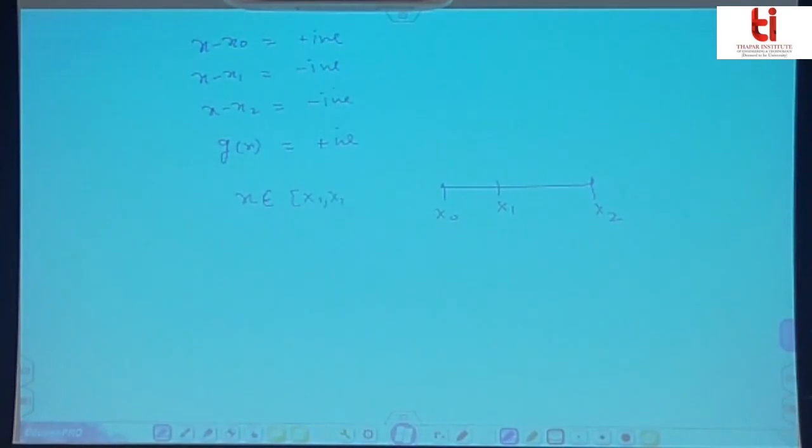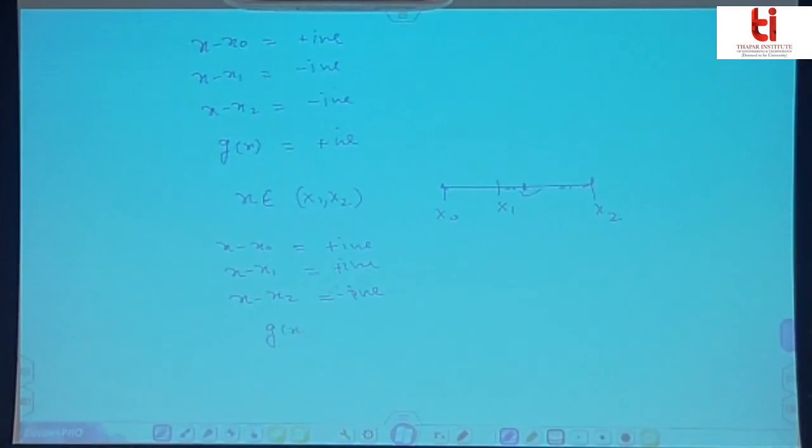If x belongs to the interval x1 to x2, considering the open interval, then x minus x0 is positive, and x minus x1 is also positive since x lies on the right hand side of x1. But x minus x2 is negative because x lies on the left hand side of x2.